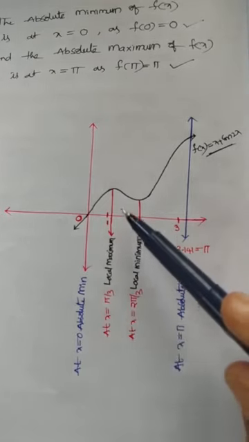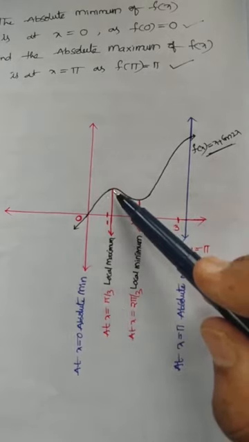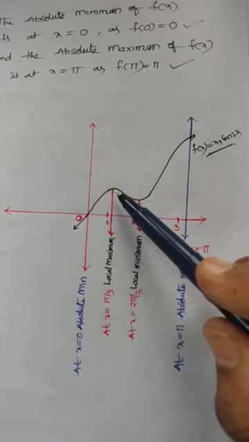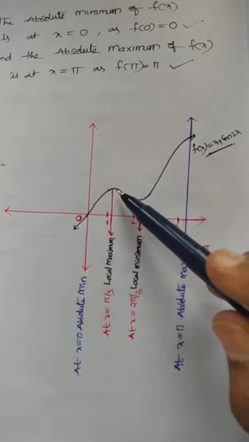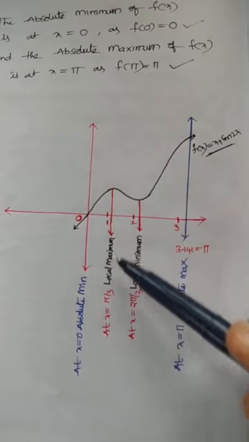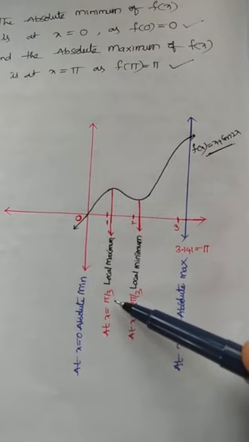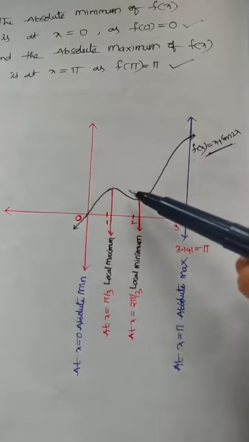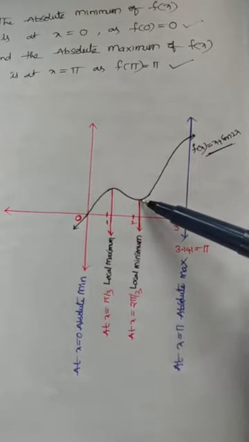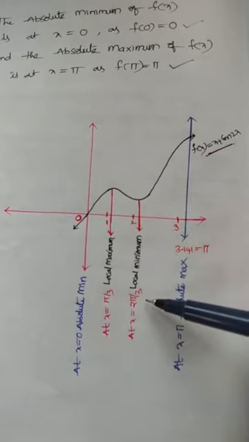Now observe, at x equals pi by 3, we are getting a peak, that is a maximum in the neighborhood of these two points. So a local maximum exists at x equals pi by 3 for the given function in this interval, and at x equals 2 pi by 3 there is a downfall. So this is a local minimum at x equals 2 pi by 3.